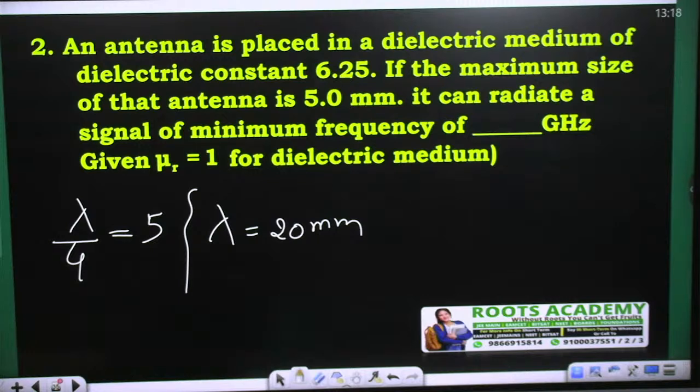Here it is being asked the frequency of radiation, the minimum frequency it can radiate.